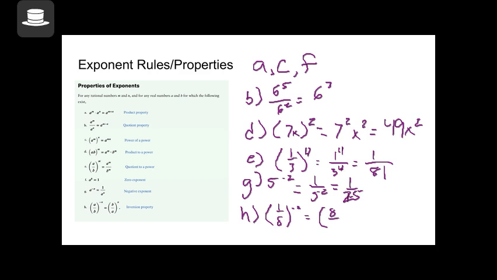Now it works the same as rule E with our quotient that's being raised to a power. So I take both of these components, 8 squared and 1 squared, and the final result is 64. So those are the basics of the exponent rules and just how they're used. And we'll use these to simplify expressions as we go on.